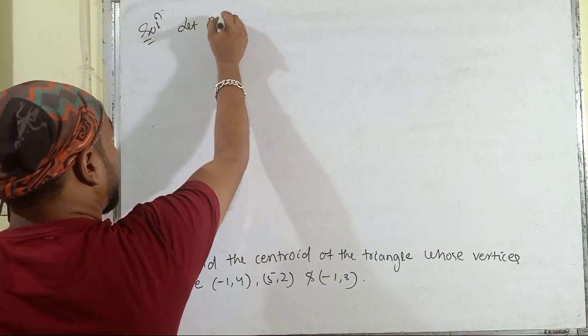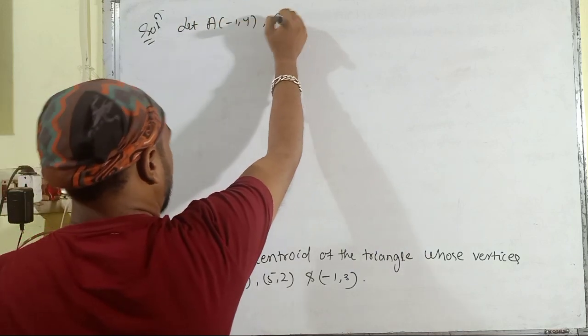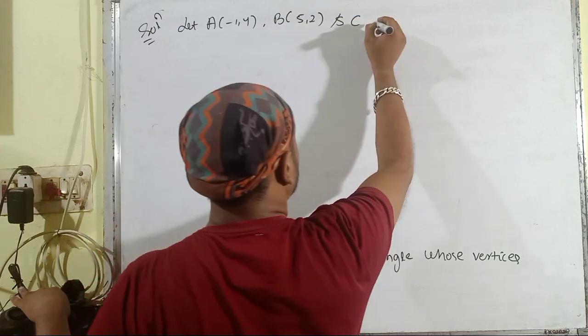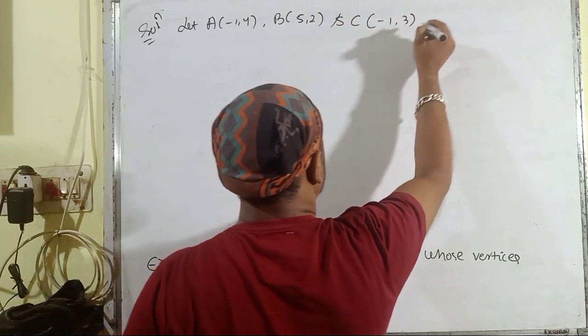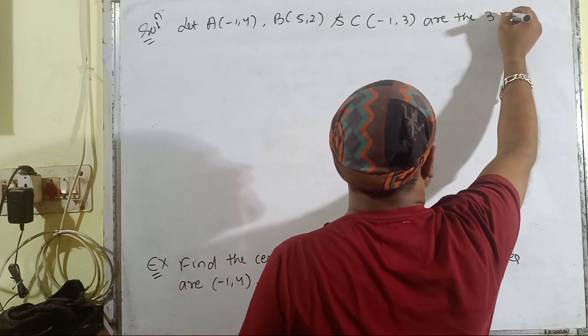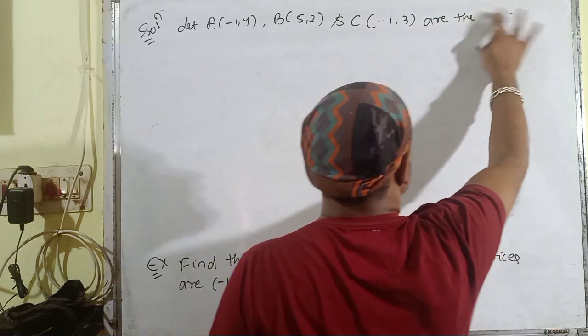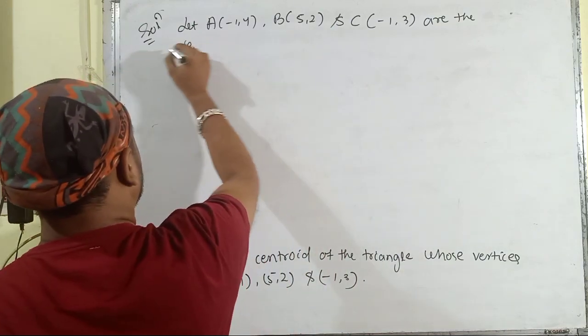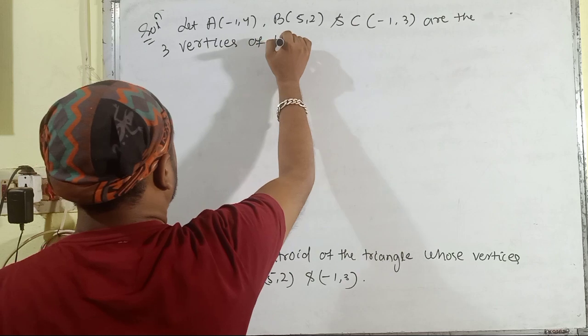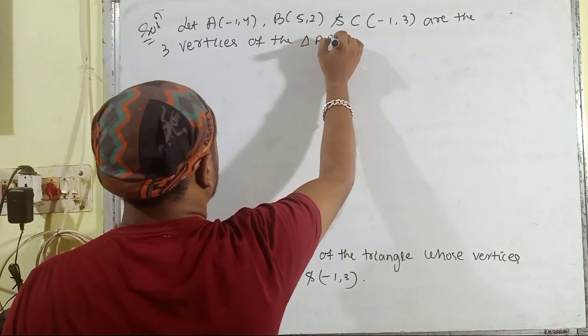Let A(-1, 4), B(5, 2) and C(-1, 3) be the three vertices of the triangle ABC.